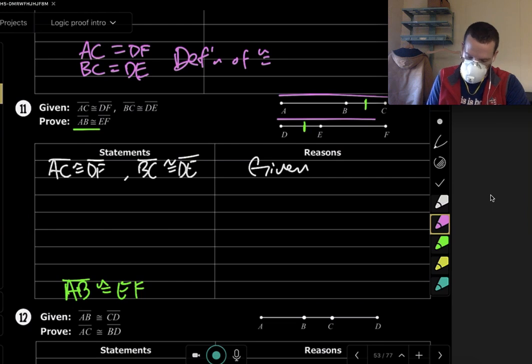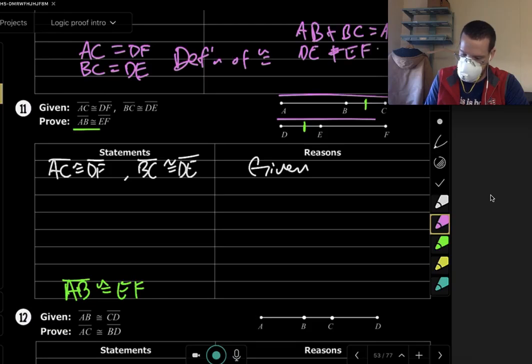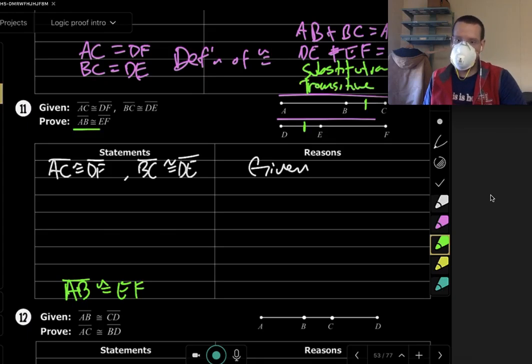I'm also probably going to have to use segment addition, because that's really what we have here. AB plus BC is equal to AC. We have DE plus EF is equal to DF. So I'm also thinking maybe I can make a substitution somewhere and probably use the transitive property to wrap things up.